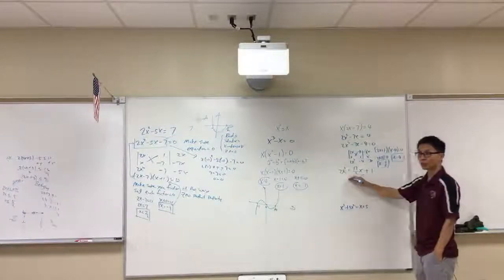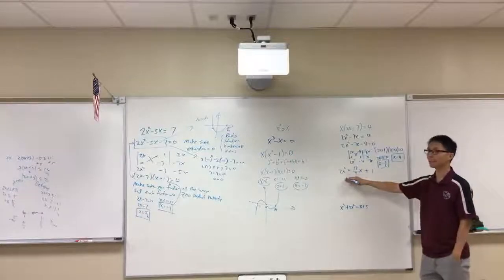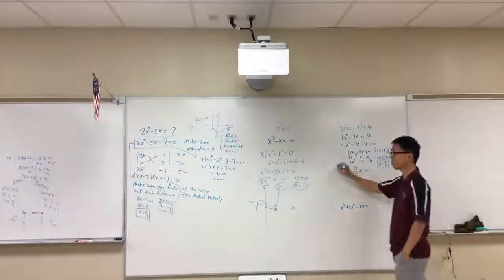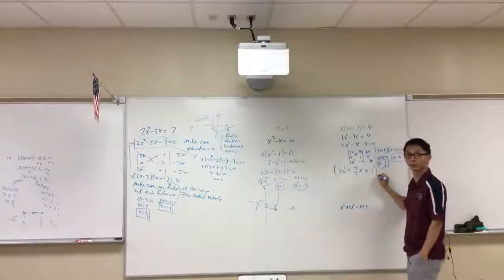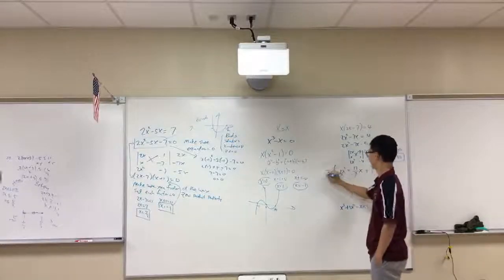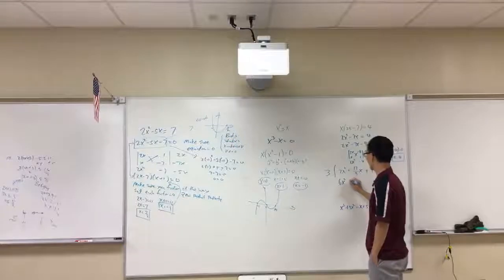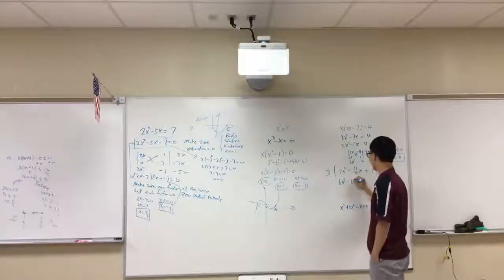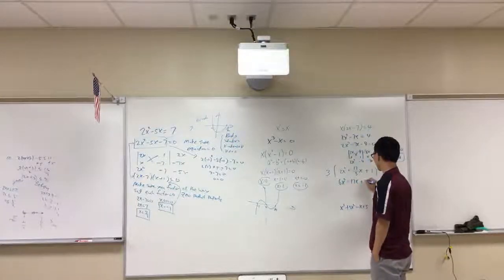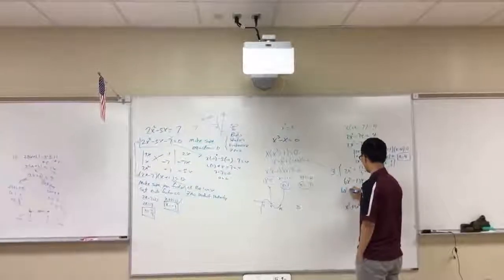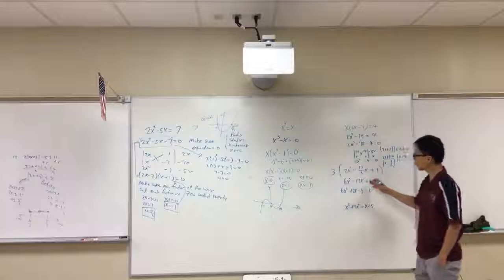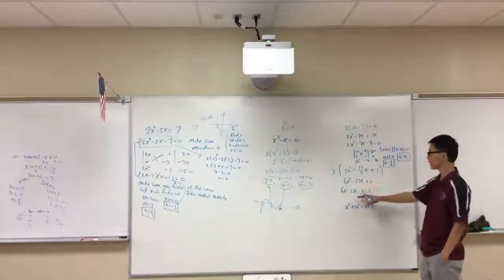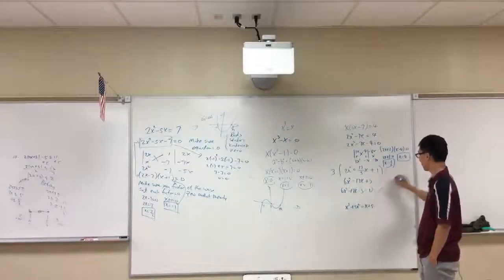I don't like fractions here. I'm going to get rid of this fraction. Multiply by what? 3. Oh yeah, 3 works. So that's going to be 6x squared is equal to 17x plus 3. So 6x squared minus 17x minus 3 equal to 0. I set the equation to the other side because that makes my life easier.